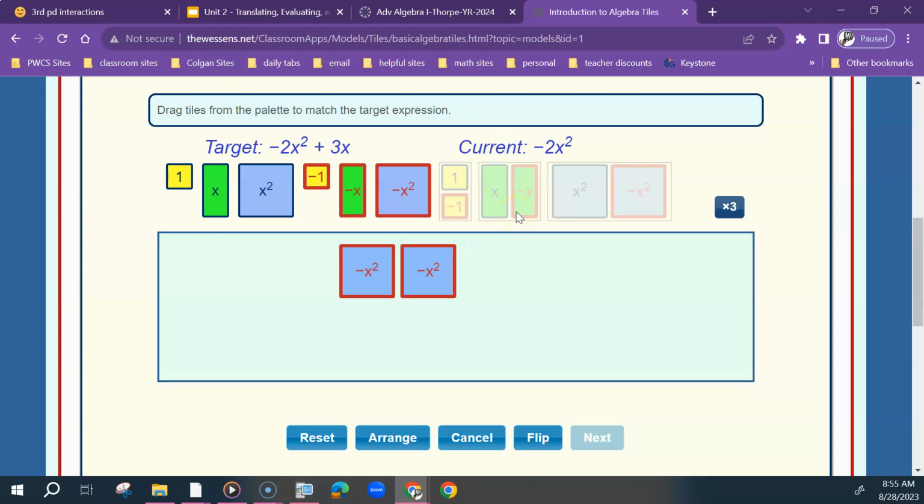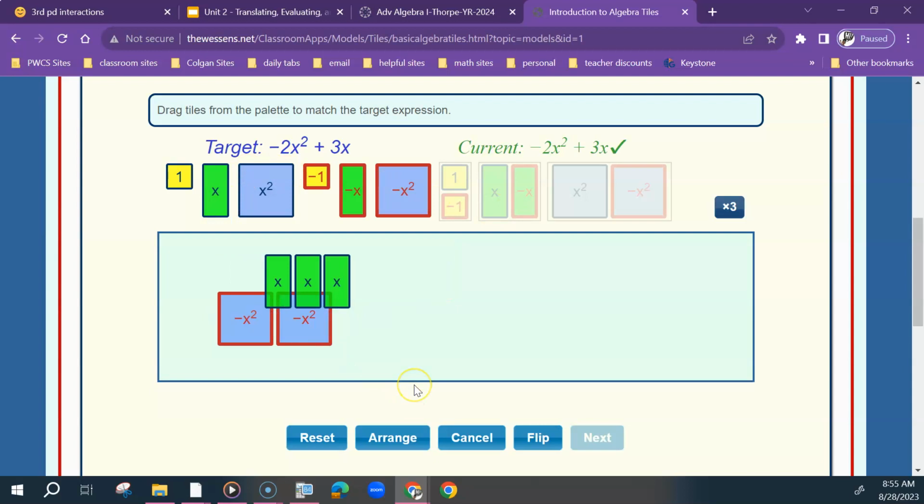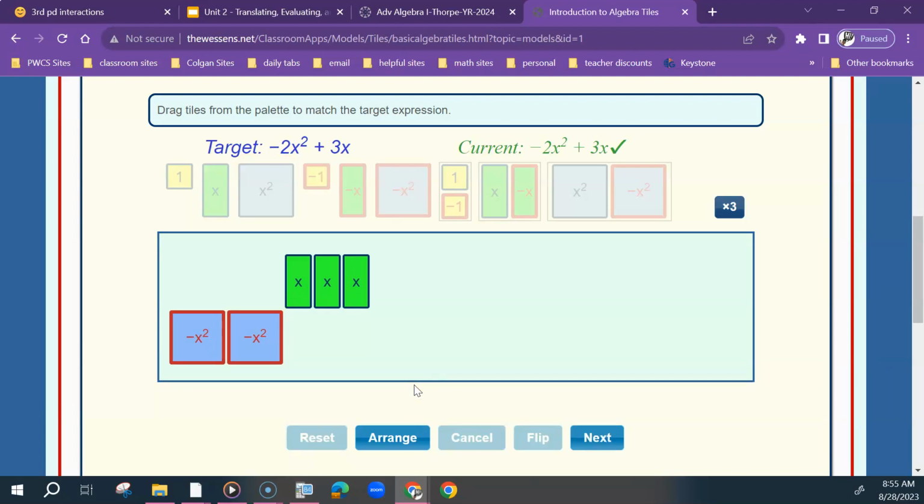Ashley? 3 positive green x's. So when you model this, you should have 2 negative squares and then 3 positive x's. If at this point you want actual algebra tiles, does anyone want them and have changed their mind? Okay, just want to make sure.